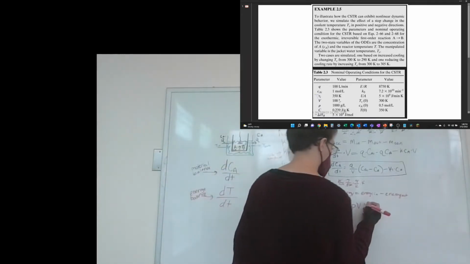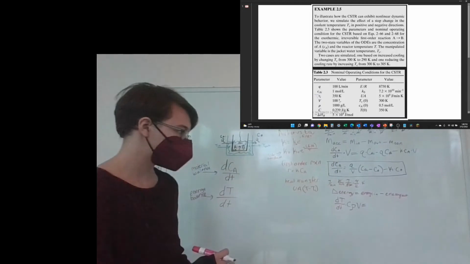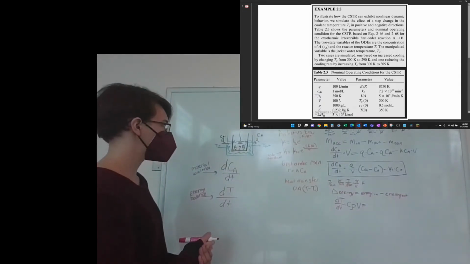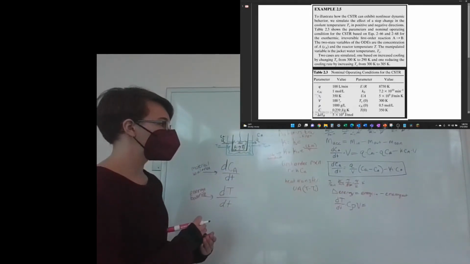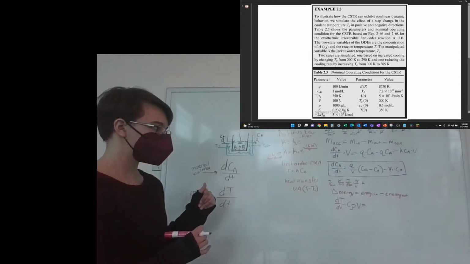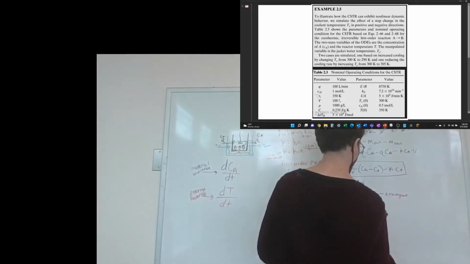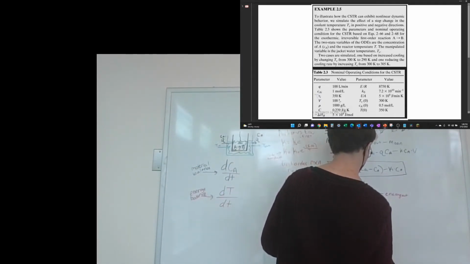All right. So next, we're going to want to look at the change in energy here. So one way the energy is going to change is going to be a change in enthalpy. So we can just write that as enthalpy in minus enthalpy out.